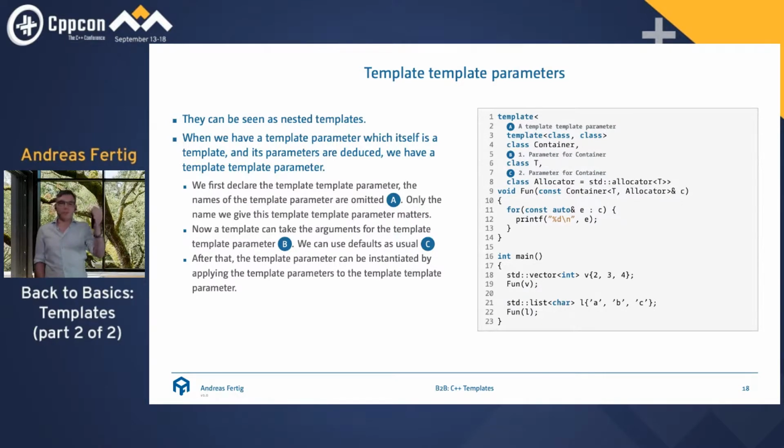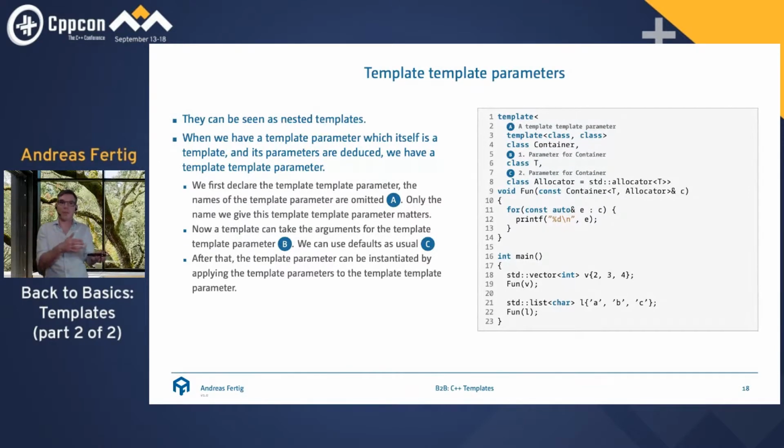And the syntax is the same as before. I start at line number 1 saying template and the angled brackets, and then the specification for my template parameter starts. In A here, I have to tell the compiler that I'm talking about a template in a template. And I do that by once again repeating the keyword template in the angled brackets. And now I have to tell the compiler the types this template takes.